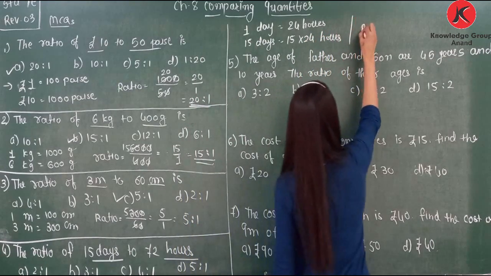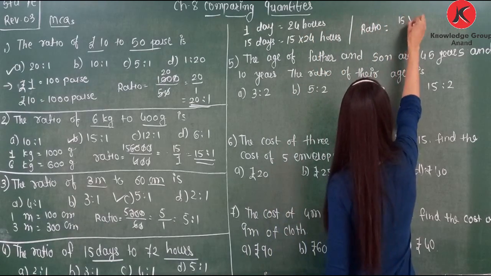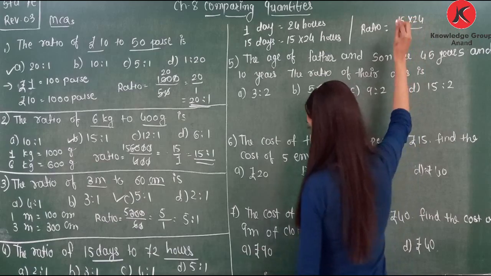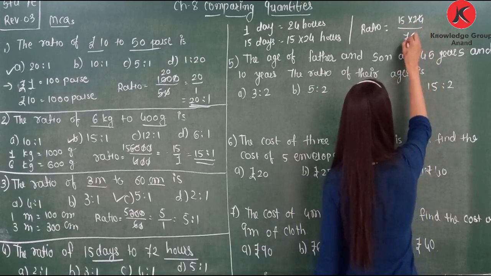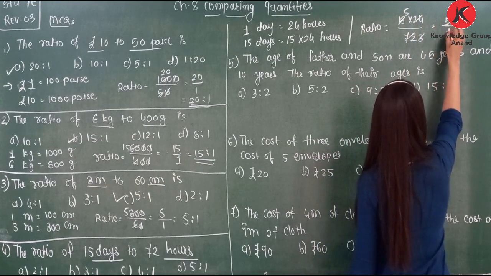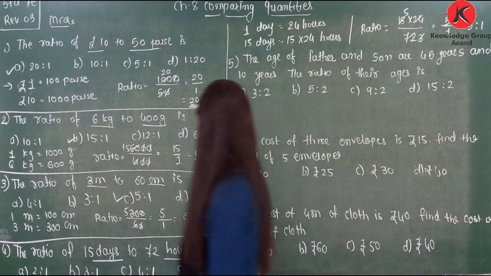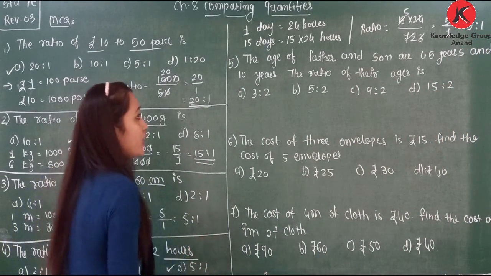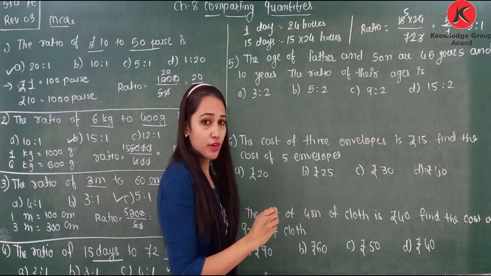So ratio is 15 multiplied by 24 divided by 72. 24 3s are 72, 5 2s are 15... so it is 5 divided by 1. Here I kept 15 multiplied by 24 as it is because I need to cut common factors.